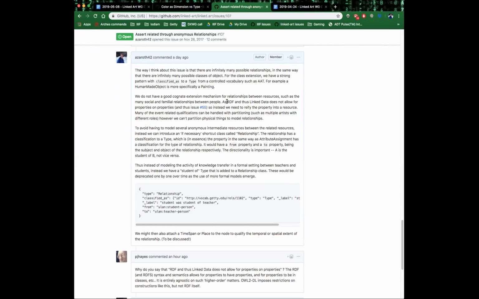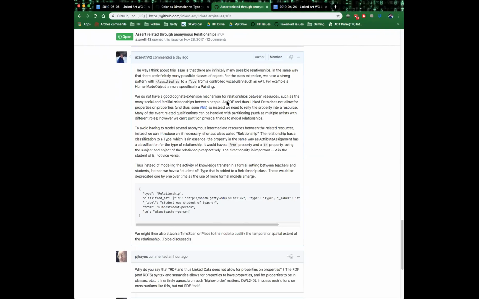So rather than having many little, probably not interoperable relationships between individuals, the idea is to have a class which describes the relationship in a less thoroughly modeled way.